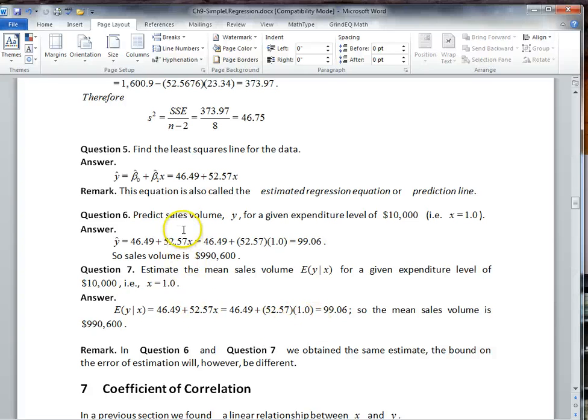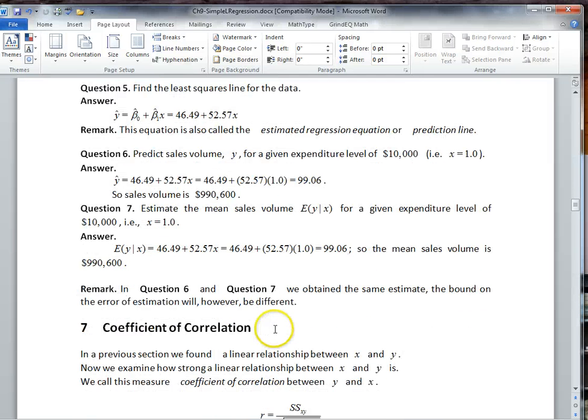So whether you are predicting the sales volume for 1 month or for the average, the answer will be the same. What will change, however, is the bound on the error of estimation, and that's going to be given later on in these notes. So when you compute confidence intervals, the confidence intervals will be different.